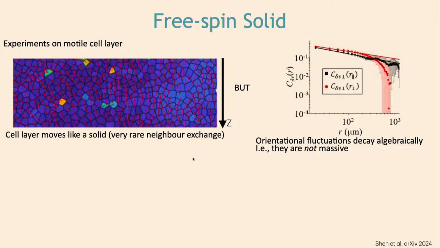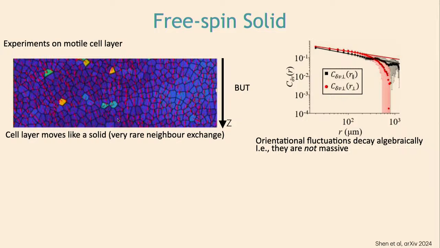And I would never have done this usually, but what happened was Benoit Ladoux had this experiment on cell layers. And puzzlingly, it looked like the cell layer was very solid. There was no neighbor exchange for days actually. This experiment goes on for like 2 days.